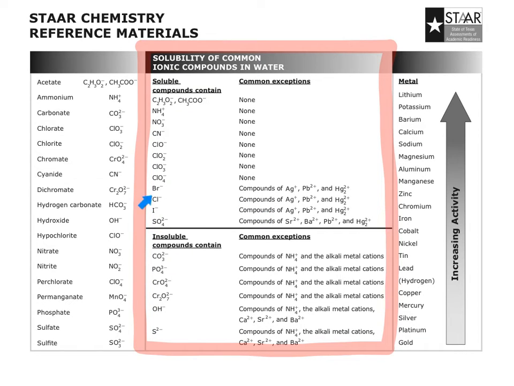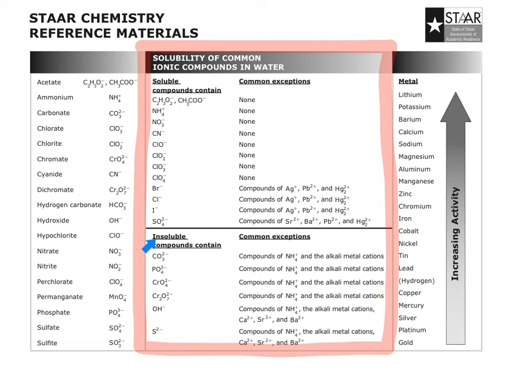So in other words, these ions here will always dissolve in water except when they form compounds of silver, lead, mercury, strontium, barium. Okay, so if any of these ions here form compounds with any of the ions listed here, then they will be considered insoluble, meaning they will not dissolve in water.